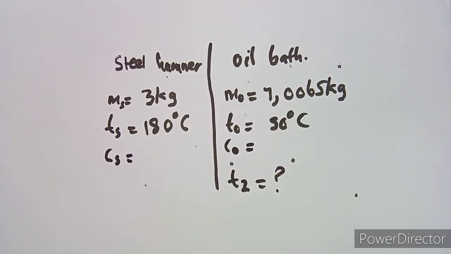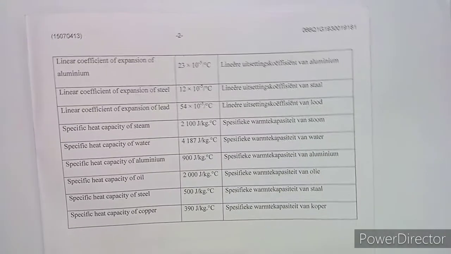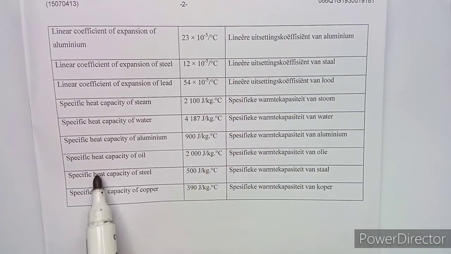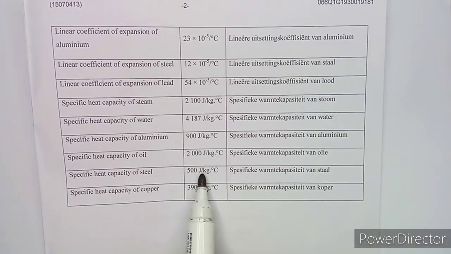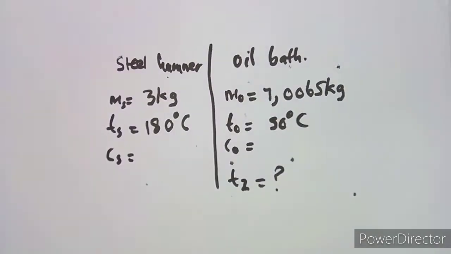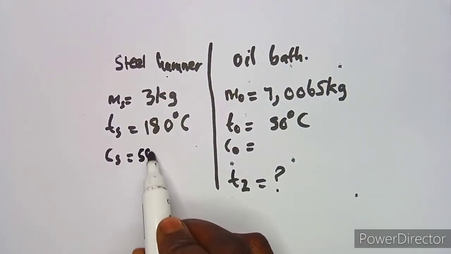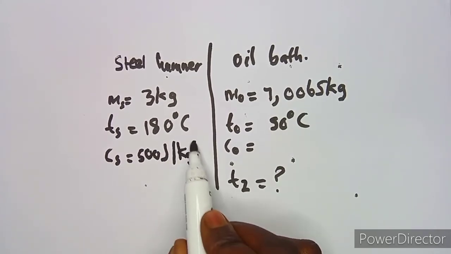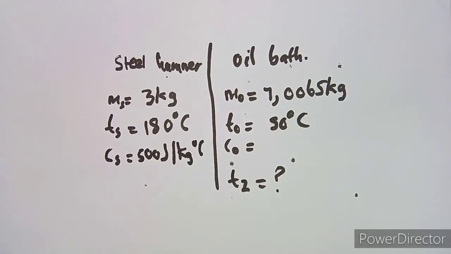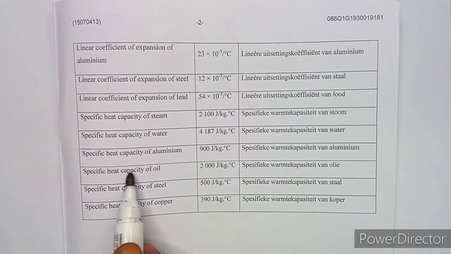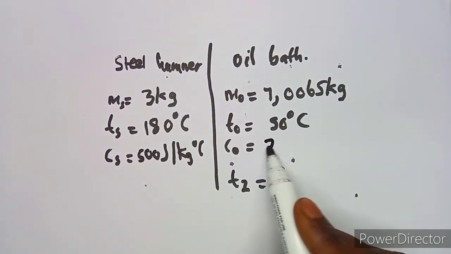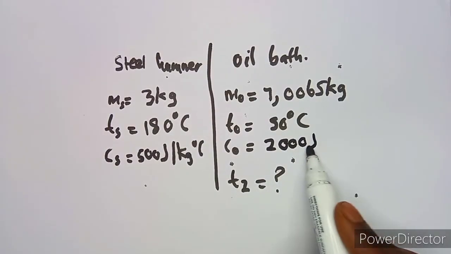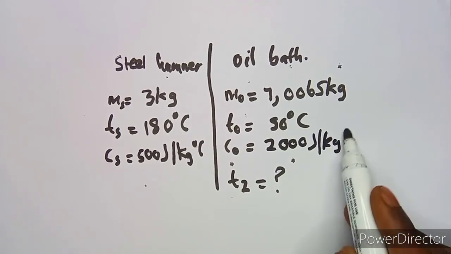The specific heat capacity of steel here is 500 joules per kg degrees Celsius. Then for oil, the specific heat capacity is 2000 joules per kg degrees Celsius.